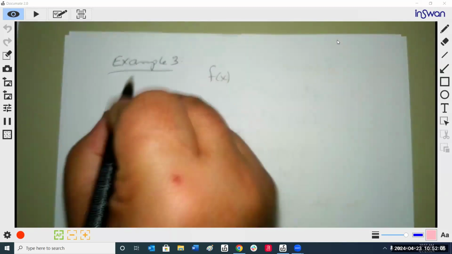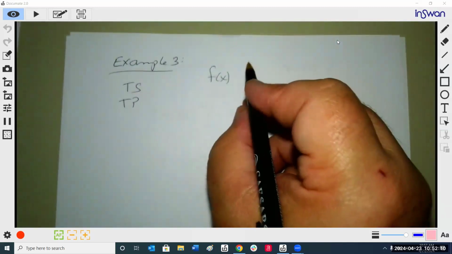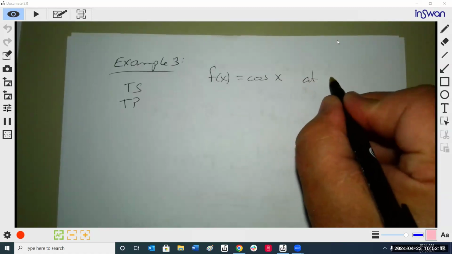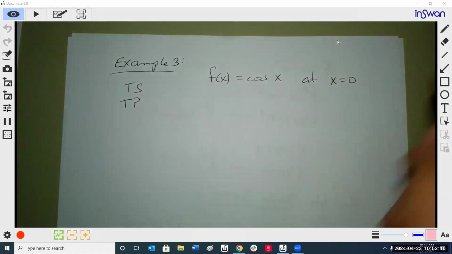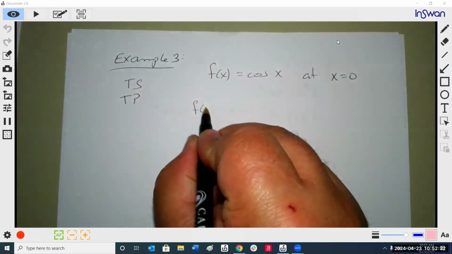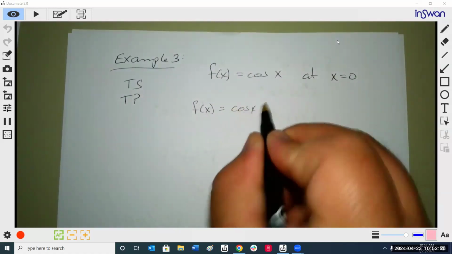Okay, find the Taylor series and Taylor polynomial of cosine x at x equals 0. So f of x is cosine x.